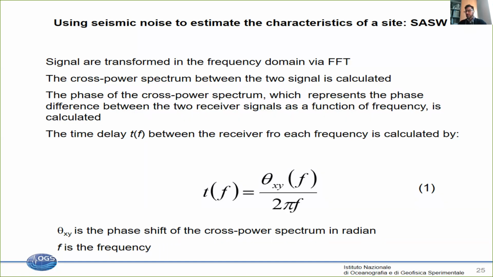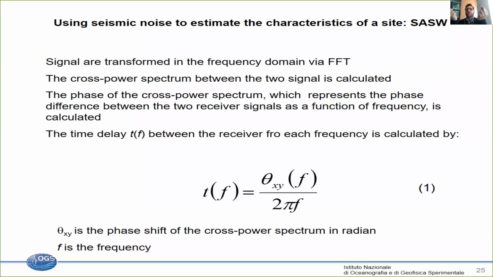And we expect that, for example, if we are looking at Rayleigh waves, different frequencies will arrive at different times at the different stations because of the dispersion that we already discussed. So every frequency is propagating with a different velocity. Since it's propagating with a different velocity, every frequency in my signal will arrive at a different time at the two sensors.